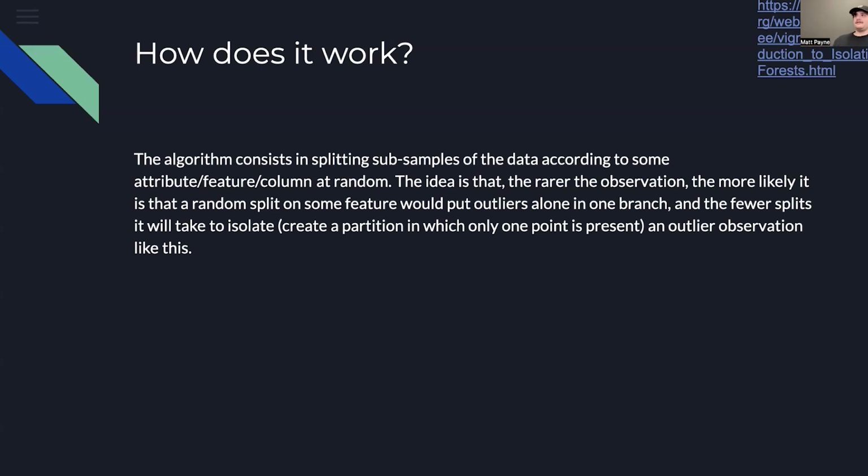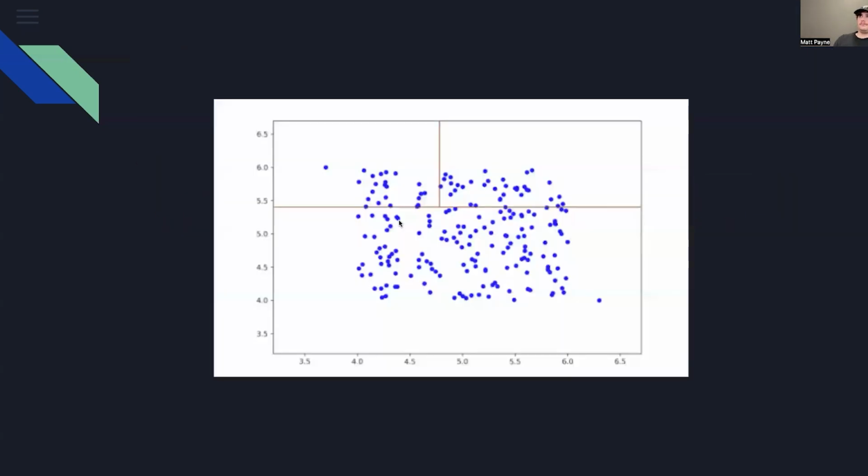The idea around this is that the rarer the observation, the more likely it is that a random split on some feature would put outliers alone in one branch of the tree. So you'll see that when we grow this tree, the goal is that those leaves have the outliers in them from doing the partition. And the fewer splits it takes to isolate an outlier observation like this. So just a little bit of a high level. We'll take a look at a little bit more there.